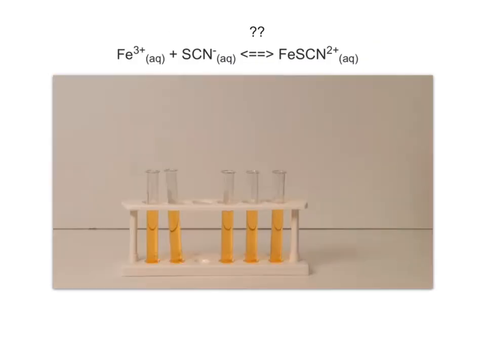First, we need to provide evidence that an equilibrium system exists and that we didn't just run out of one of the reactants. Suppose the reaction had consumed all the thiocyanate ions in solution. There would be a surplus of iron 3 ions, so adding more of it should not produce any more of the colored FeSCN2+.